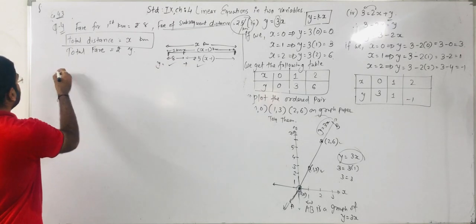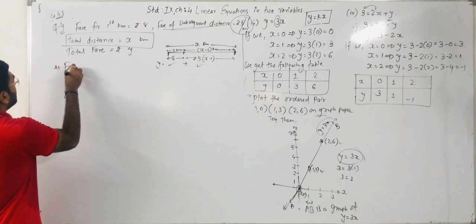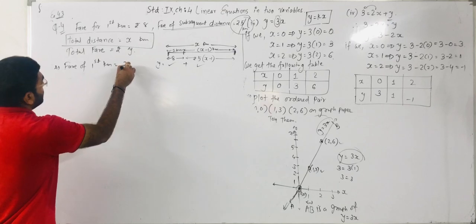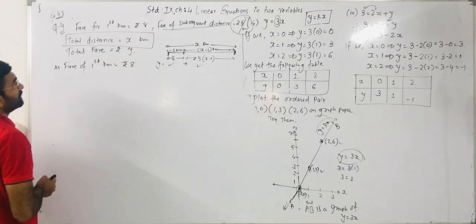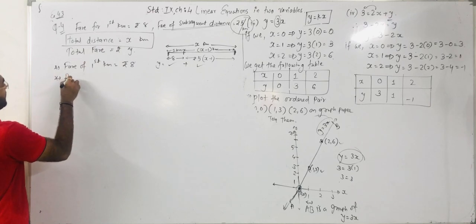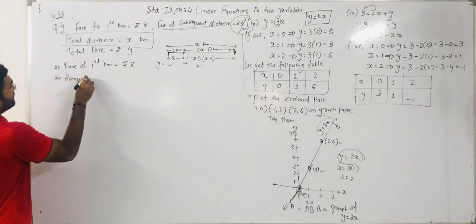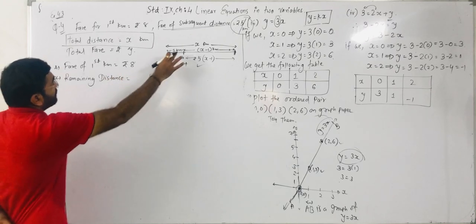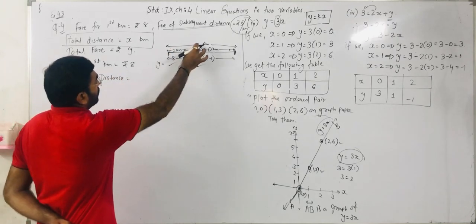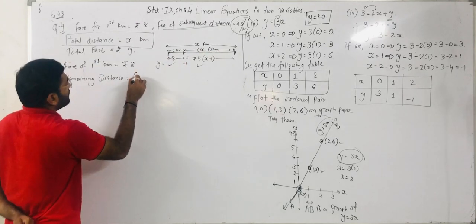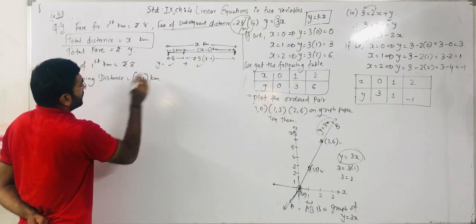So here I define the fare of the first kilometer, which is given in the question as rupees 8, and the total distance is given as x. So what is the remaining distance? As I mentioned, 1 kilometer fare is 8, so from the x, that 1 kilometer is subtracted. So the remaining distance we get is x minus 1 kilometer.